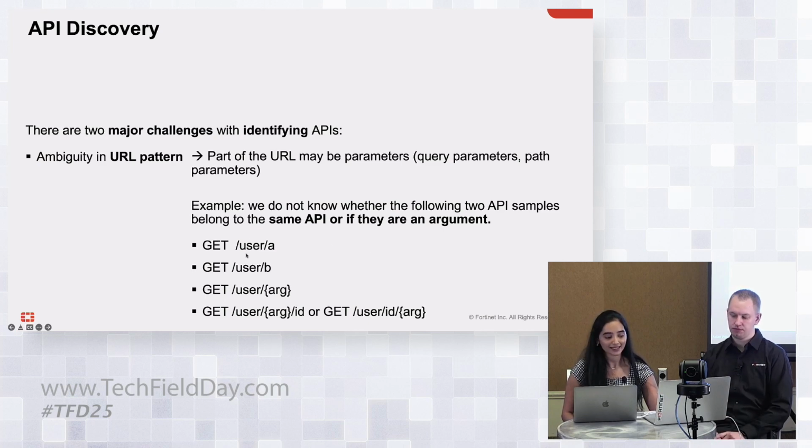User A might be a single endpoint, user B might be a single endpoint in my API, or what if A is just a path parameter, an argument? That's the ambiguity. The API discovery should be able to see whether it is actually a parameter, something more like a variable that's being substituted. That's something it needs to know.